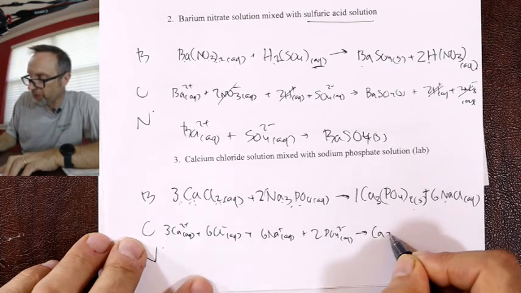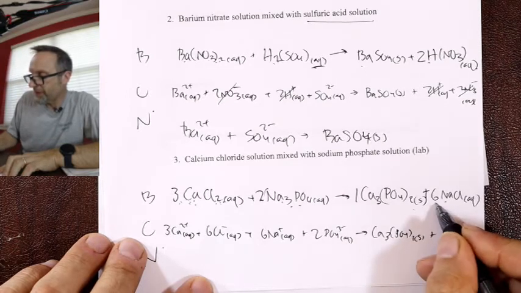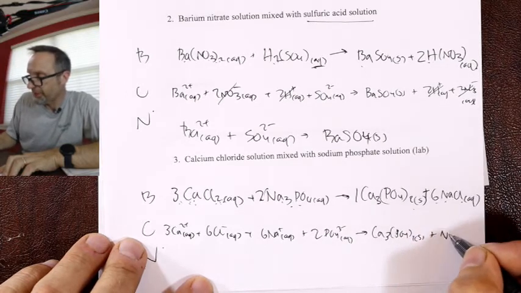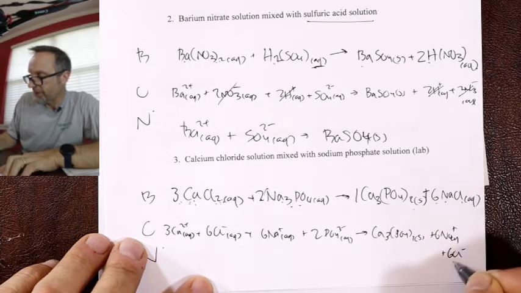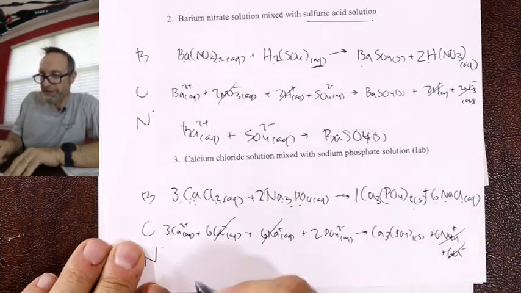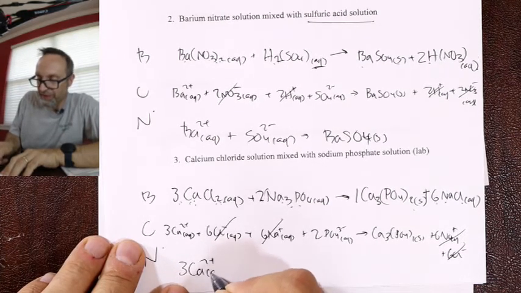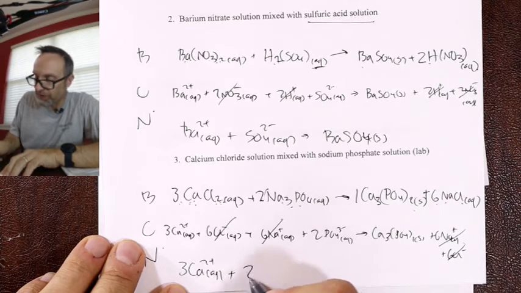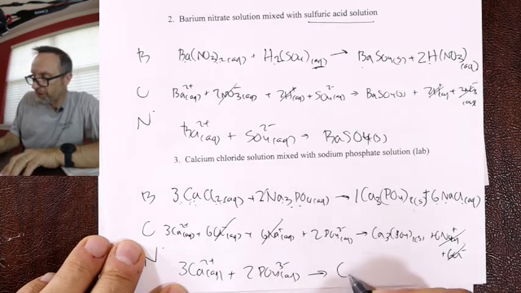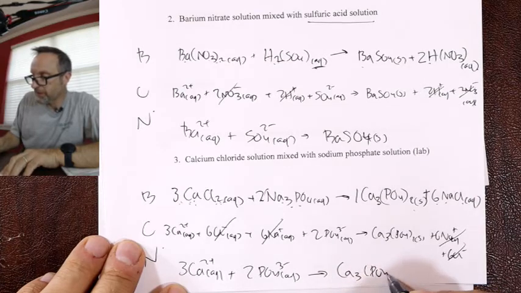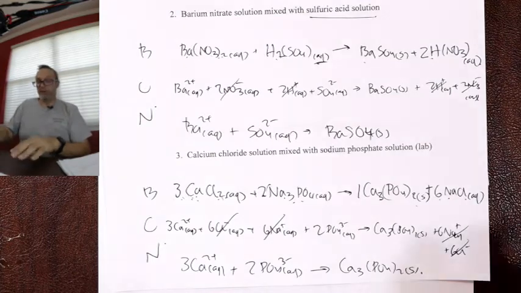Turns into the thing we just made, solid, plus NaCl breaks apart, 6 of them. 6 Na+, 6 Cl-. Those cancel. What am I left with? Calcium phosphate was my product. 3 calcium ions plus 2 phosphate ions. I made calcium phosphate. There we go. All right, so practice those.